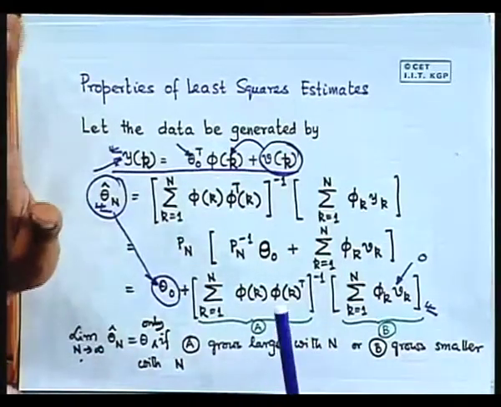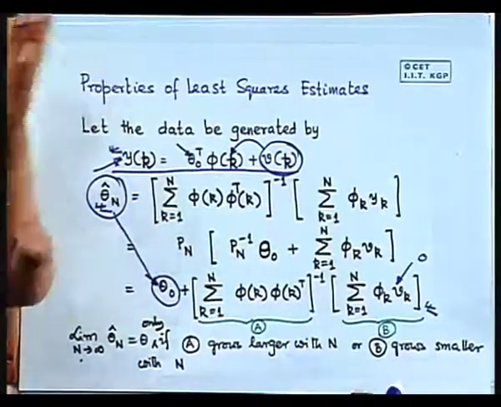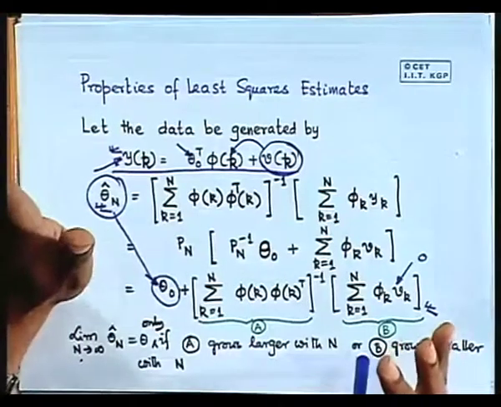Now this n tends to infinity thing says that okay, if you do it long enough it will happen, but how long is long enough? Because in general you are going to only work with finite data. So you are very interested to know that does it happen within 100 points, within 200 points. Finally something goes to 0.